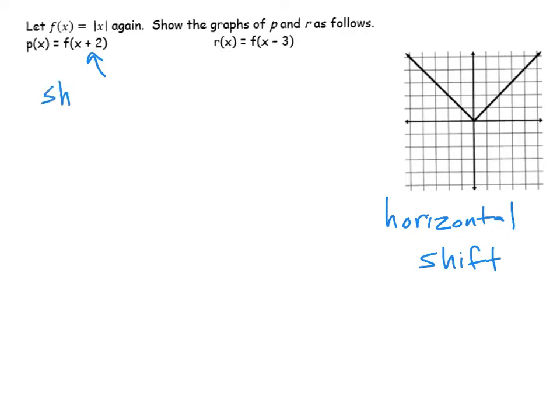Now here's the thing, I think I'll have some work to do to convince you. It's going to get shifted 2 units left. And then over here, you see the x minus 3.